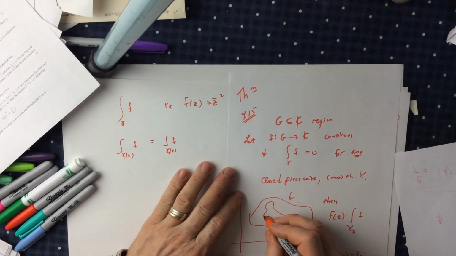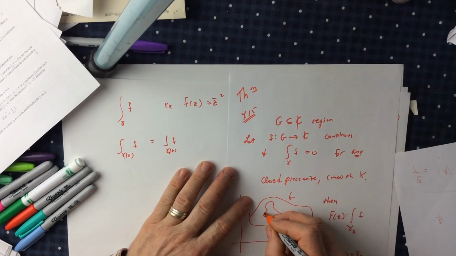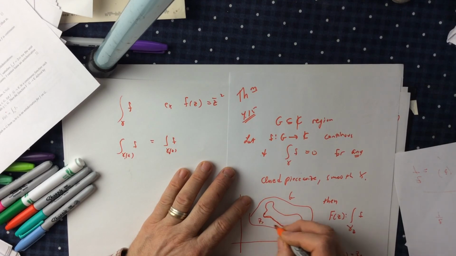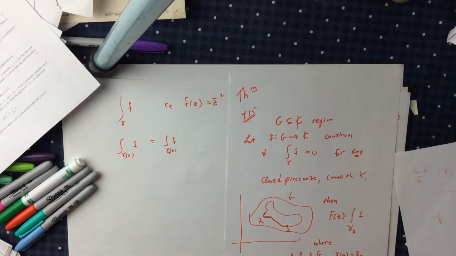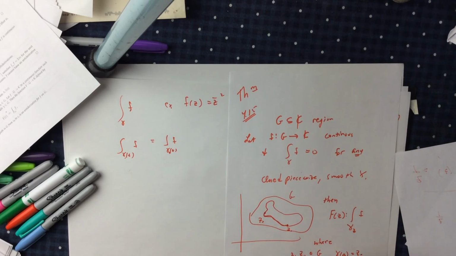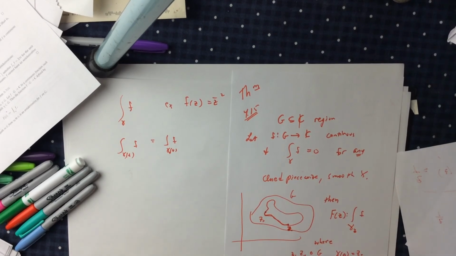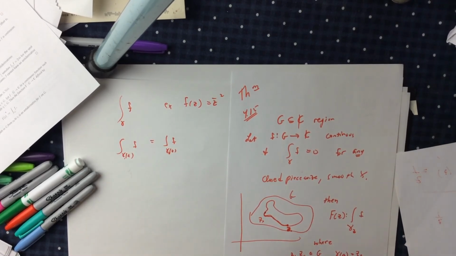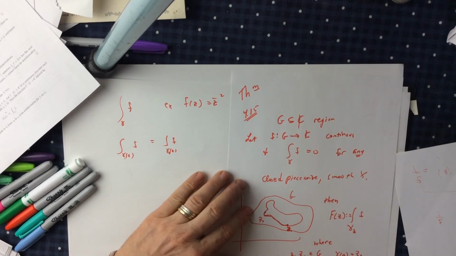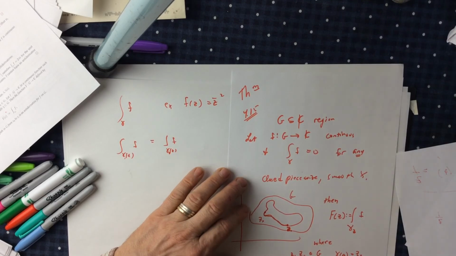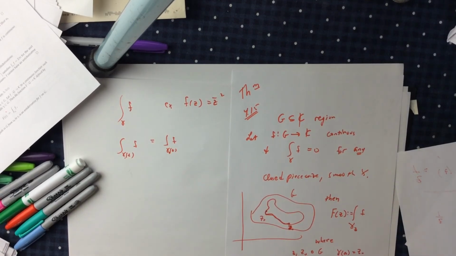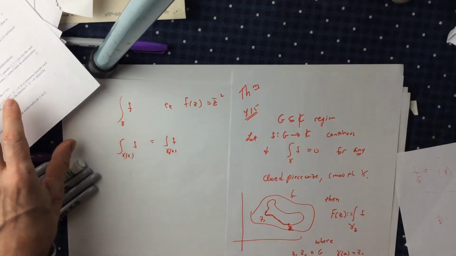In other words, we're not going to do a complete circuit, we're just going to go from z naught to z. So we are going to let the last value be indefinite, and we're going to define that final integral as capital F of z. And guess what? Then F prime of z equals f of z. In fact, capital F of z is an antiderivative of the function.